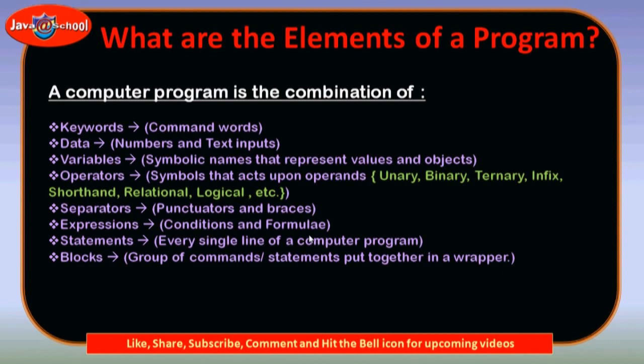Then we use variables, or symbolic names that represent the value. Then we use different types of operators: unary, binary, ternary, infix, shorthand, relational, logical, and so on. There are many more operators.